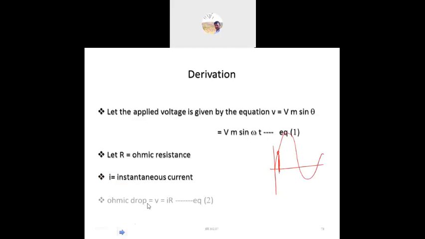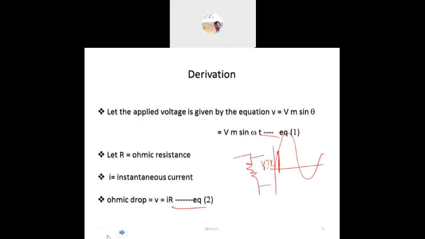The ohmic drop is V is equal to IR, the drop across the resistor. So here I have taken the resistor, right? The voltage drop across this resistor, that is V is equal to IR according to Ohm's law. So that is equation 2.